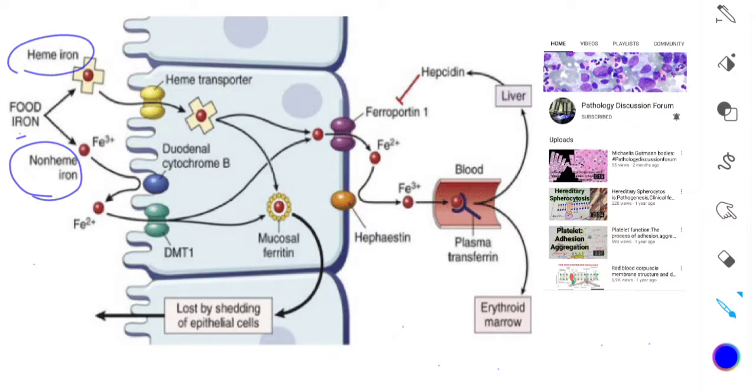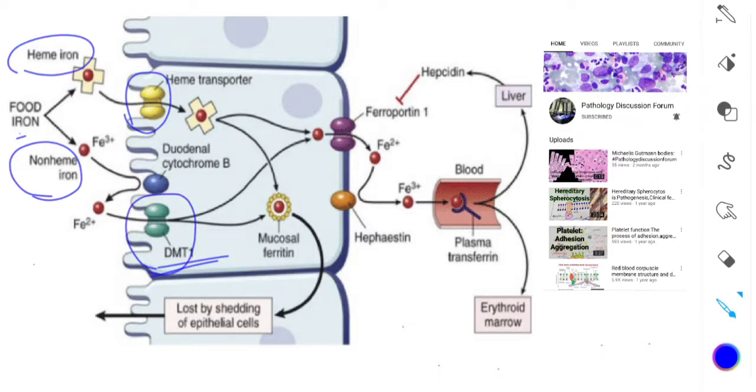The heme iron is easily absorbed in the intestinal mucosa by one transporter known as the heme transporter, and the non-heme form is absorbed by the intestinal mucosa with the help of a transporter molecule known as the divalent metal transporter, which is located on the apical surface of enterocytes.